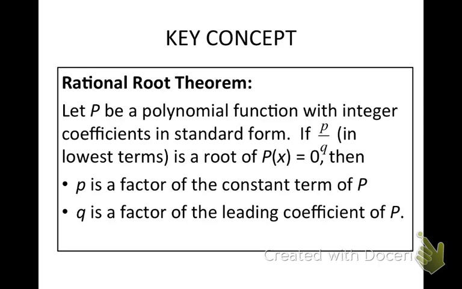So our rational root theorem states the following. If we let P be a polynomial function with integer coefficients in standard form, and you're only going to be given ones that have integers, so don't worry too much about that. I'm not going to give you fraction coefficients.